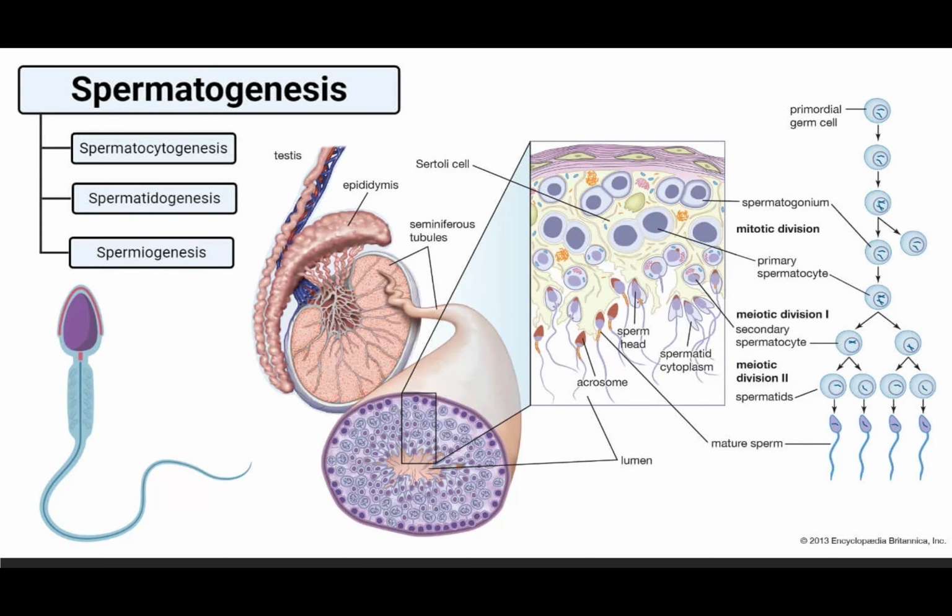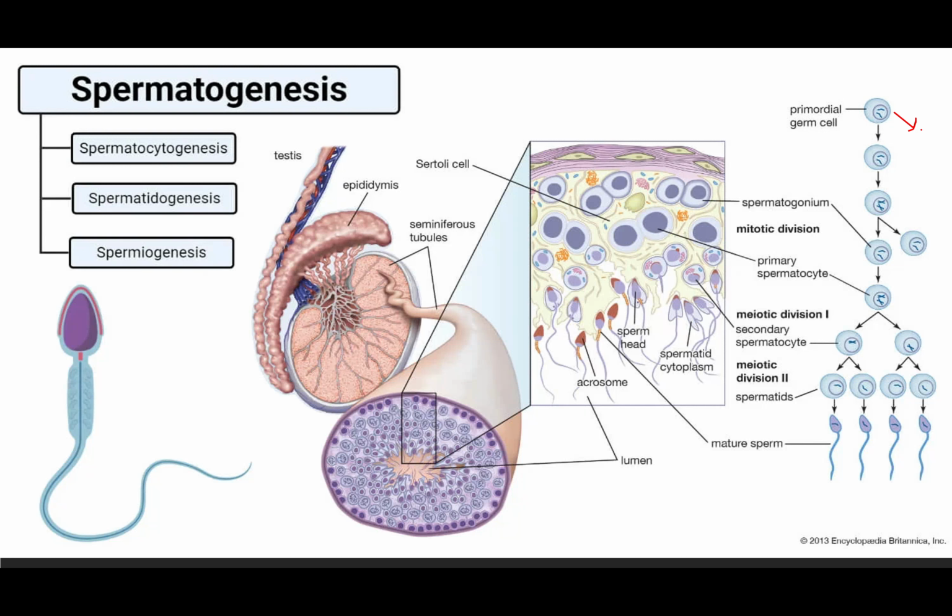So we have spermatocytogenesis, spermatidogenesis, and spermiogenesis. All right, lovely. So we have the primordial germ cell, right? That will divide. Let me make sure that you guys see what is happening now. That will go through mitosis producing cell type A, right?